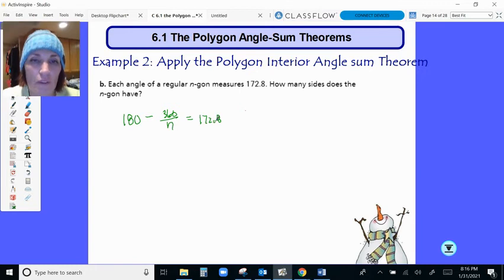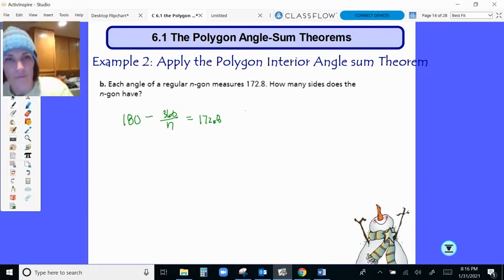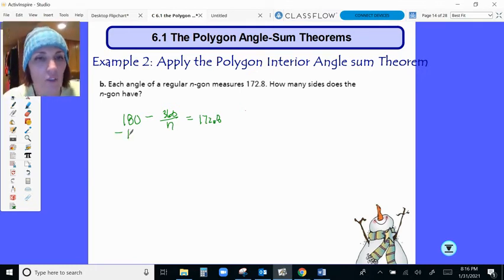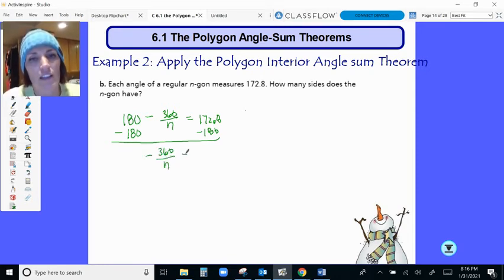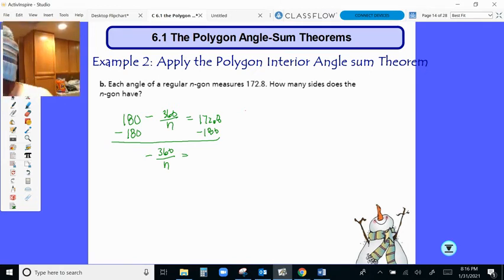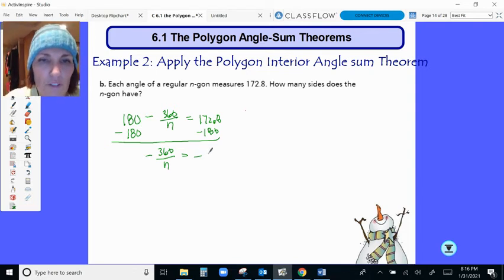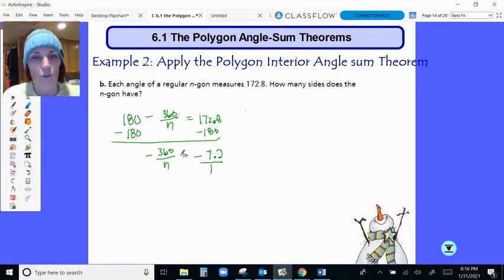Maybe keep that formula down close somewhere. So I'm going to subtract the 180. Negative 360 over n equals negative 7.2. Now you can write this as a fraction, negative 7.2 over 1, and then use the proportion rule, which is this times this equals that times that.